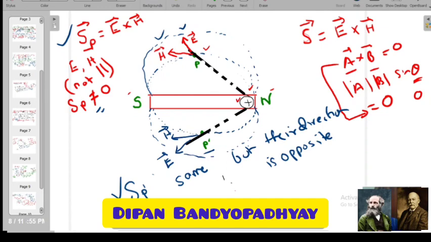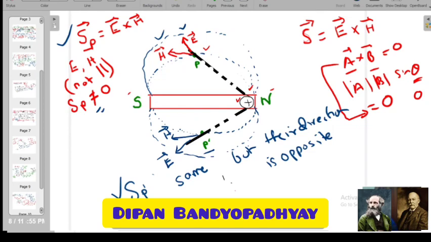So in this situation, what we are seeing is that if we calculate the Poynting vector at any point, we are getting a finite value, even though there is no net outward flow of power.